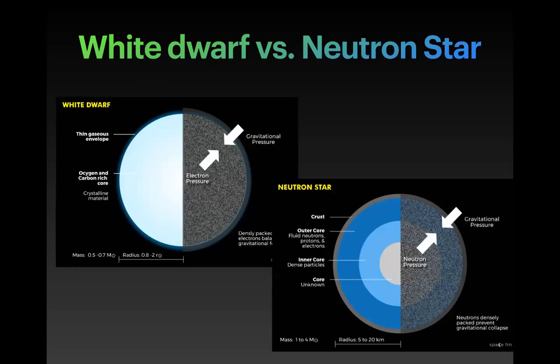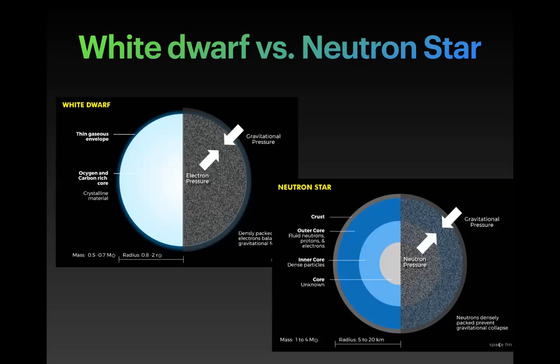So here I just wanted to show that there's a little bit more detail, right? We pretend that they're all a single thing, but for the white dwarf, some of them aren't going to be made out of oxygen and carbon, at least in the core. It's going to be crystalline. So it's kind of a weird state of almost solid matter, and you get the degeneracy pressure from the electrons.